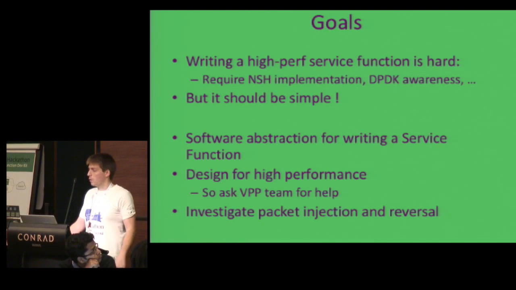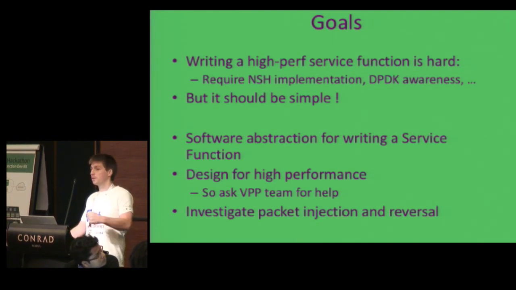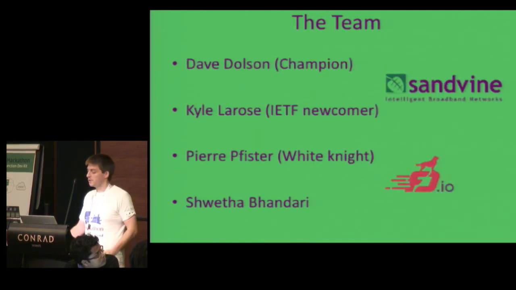The two we wrote were a simple count application, which just counts the packets that are coming in, and a service function that sends out resets, which combines two important concepts: the ability to inject packets into a path and the ability to reverse packets. So say it's coming in one direction, I want to send a packet backwards through the service functions that had preceded it.